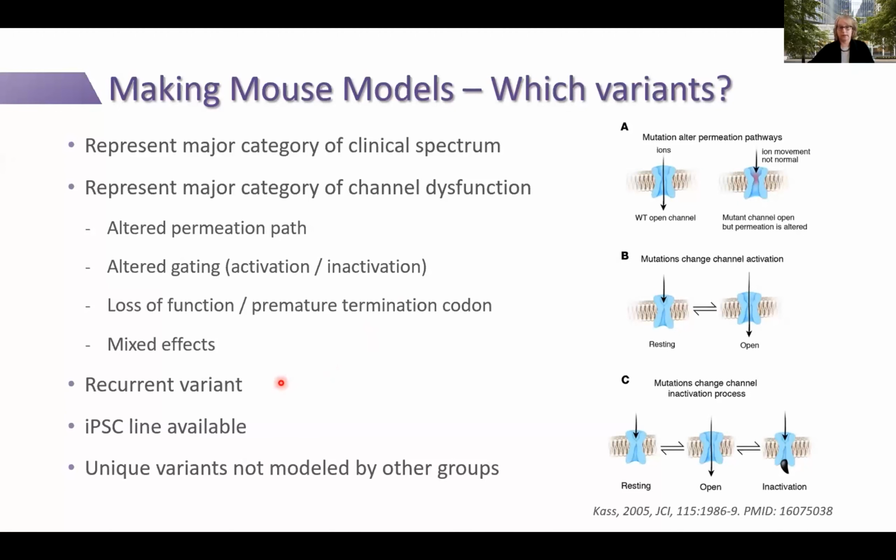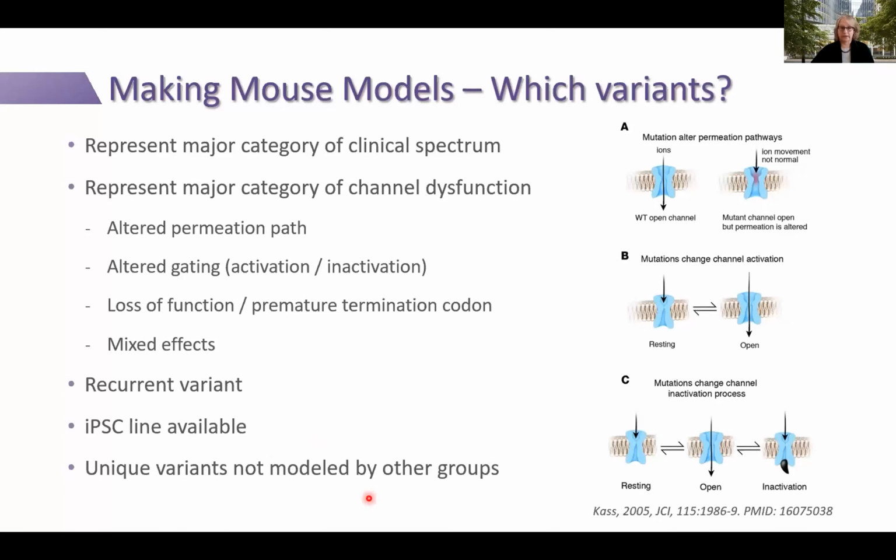We also, at least initially, tend to pick recurrent variants because that represents a broader spectrum of individuals. And it also gives us more confidence that that particular variant is disease causing. Ideally, there would be an iPSC line available because these are two complementary model systems that can really help inform one another. And then we try to make unique variants that haven't been modeled by other groups.